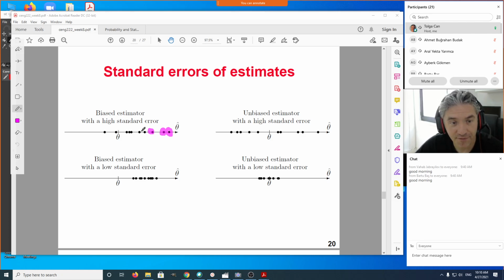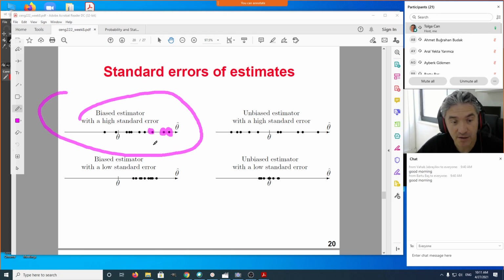Another thing is that if you take the average of your theta hats, and they are not centered around theta, so the expected value of theta hat is not theta, then it's biased. You can also see that the theta hats tend to overshoot theta. Most of the values are to the right-hand side of theta, and therefore there's a bias to the right. So a biased estimator is going to look like this, with a high standard error.